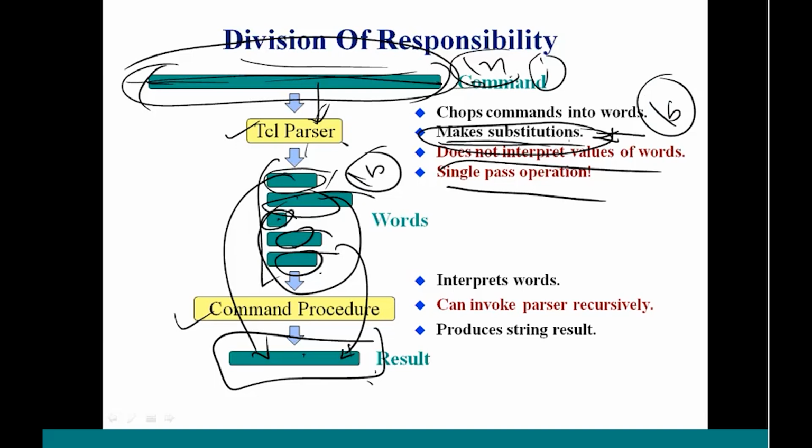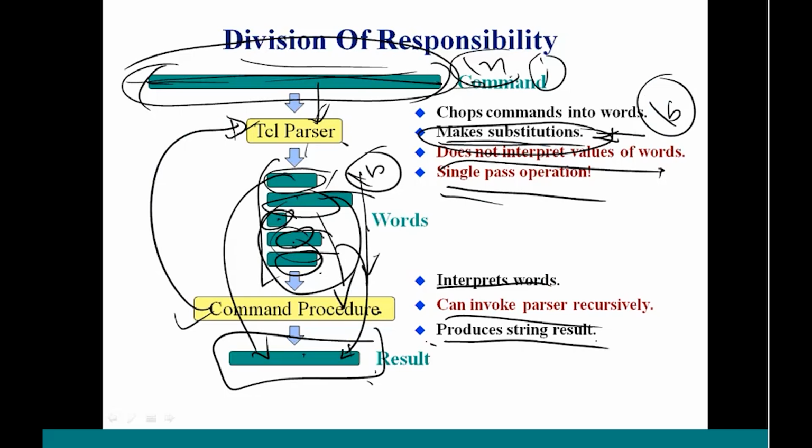It does not interpret the value of the words, and it is a single pass operation. Then it sends the words to the command procedure, which interprets them. It can invoke the parser recursively, meaning if there is another command, it can go back to the Tcl parser, expand that, and get the result. Finally it produces a string result, shown here as another string.